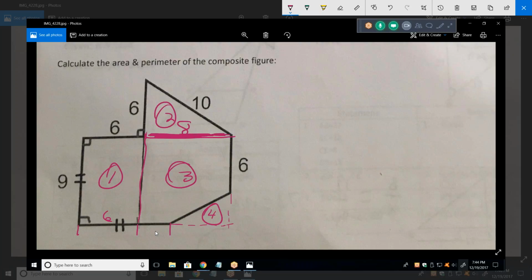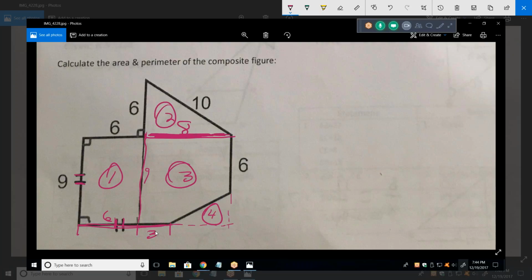That's 6 right there. It's 9 minus 6. In other words, this double hash mark and this double hash mark mean the length of those two lines are the same. That one is 9, this one has to be 9. And if that's 6, this has to be 3.